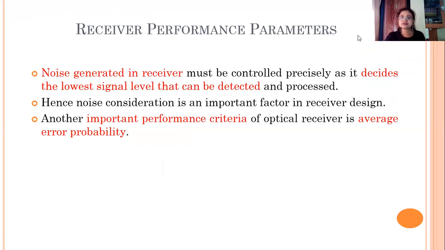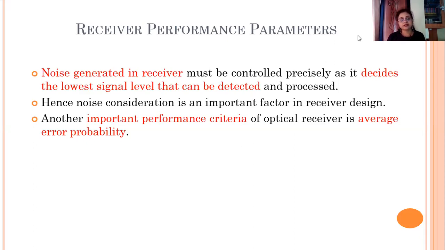So what happens? The noise becomes comparable with the signal levels, and the chances of getting affected are very large in the optical receiver. So it is very important to consider the noises which are present in the optical receiver while designing it.